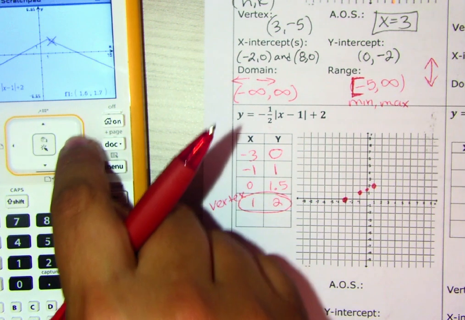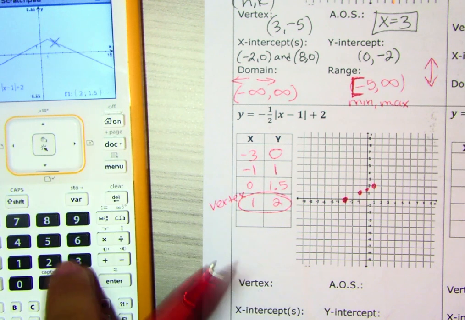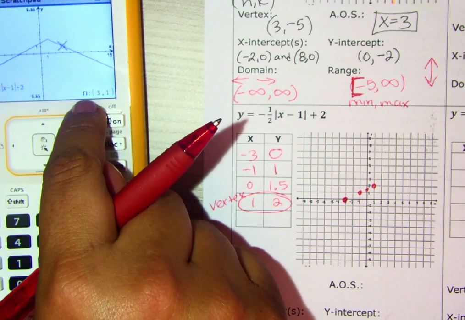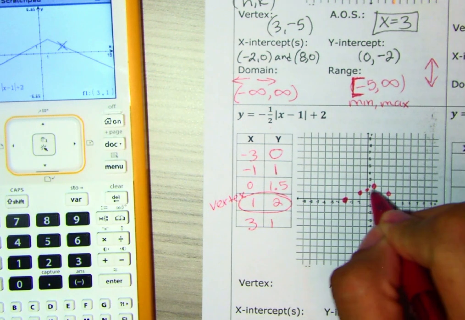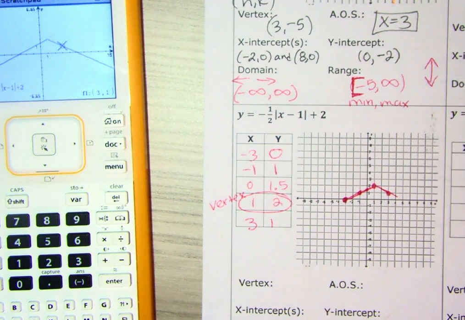And then just grab another point that can help you plot it. So let's try 2, 3: at 3, 1 is another point. So I'm just going to write these. And by the way, with just these points, this is enough to tell you how to plot the other points.